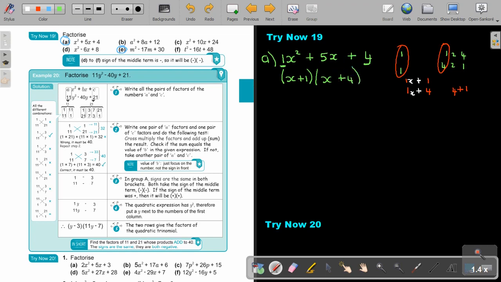Now, if somebody writes it like this, he first writes the x plus 4, because then he worked with that one, and then he writes x plus 1. It is also 100% correct. Just check that the inside are the same. Okay. And then we will look at number E.